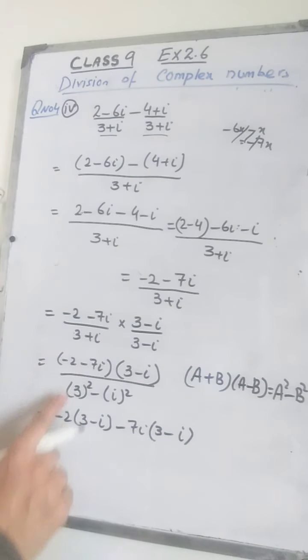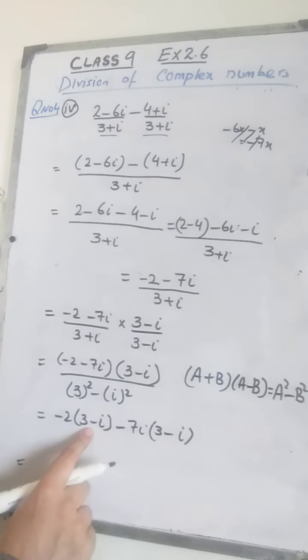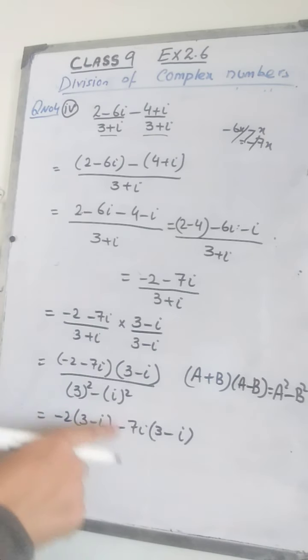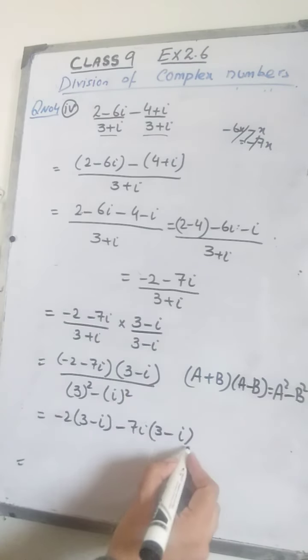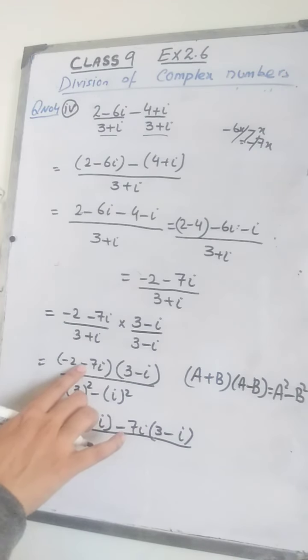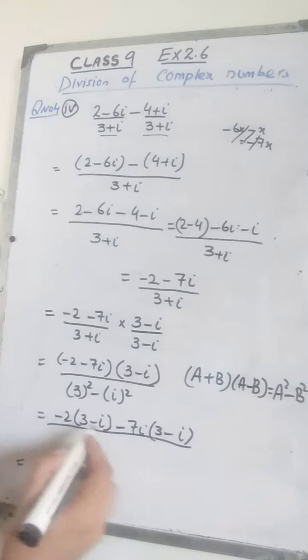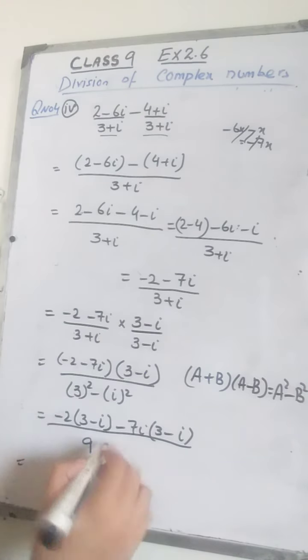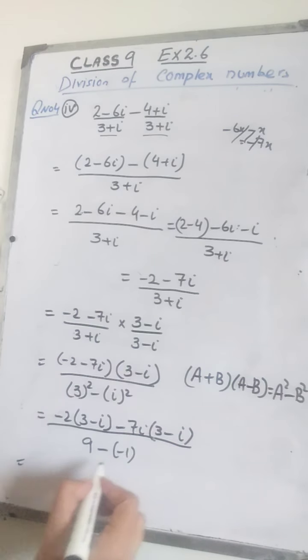Pick the second number with its sign and multiply it with the second bracket. Don't forget to put the sign which is over here, otherwise you are going to get a wrong answer. 3 square is 9 and minus iota square is negative 1.